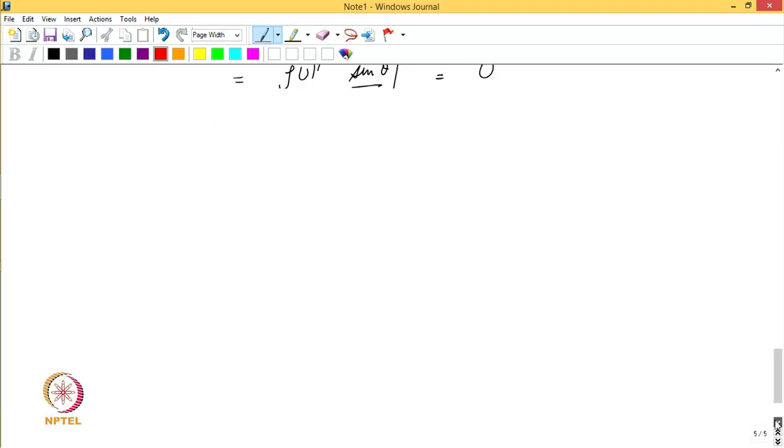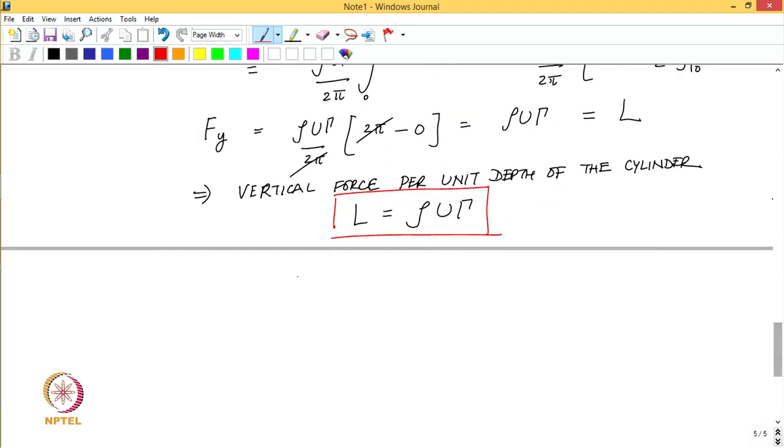So, this result where lift is rho u gamma is called the Kutta-Joukowsky theorem. And it is a powerful theorem because it is not just the outcome of flow past a cylinder with circulation, it is actually true for any irrotational flow around any arbitrarily shaped body.